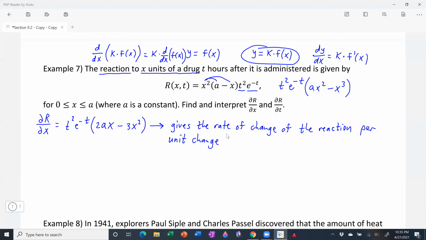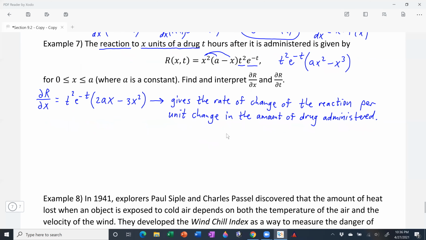But we know that it's per 1 unit change in the amount of drug. Okay, and we can just go ahead and end it there. We don't need to talk about T at all because we were holding T as a constant, it doesn't even matter. So that will be our interpretation of the partial of R with respect to x.